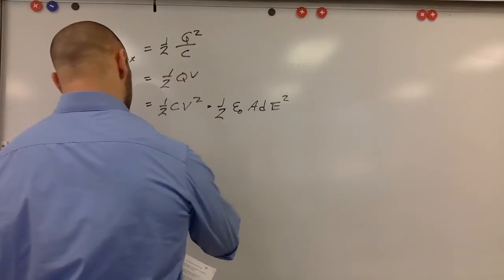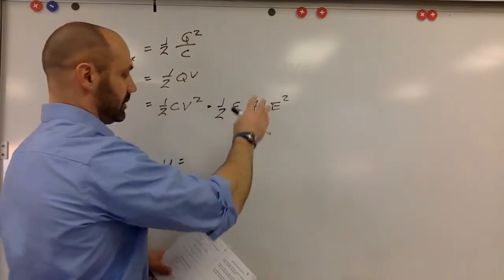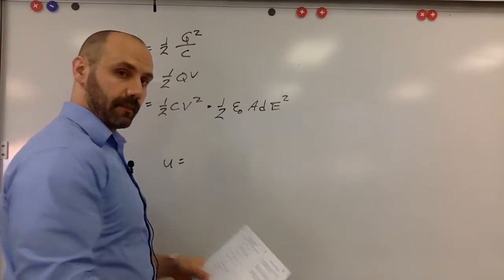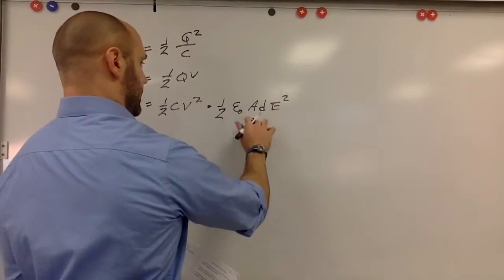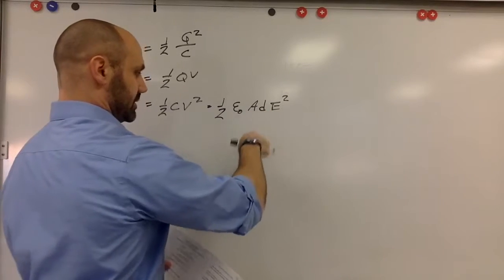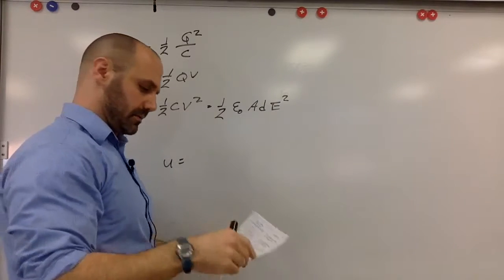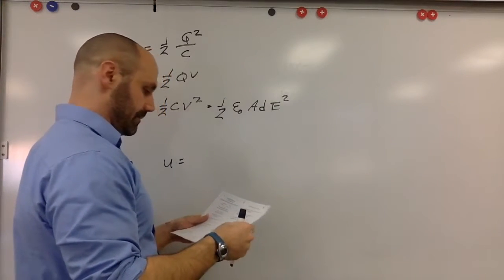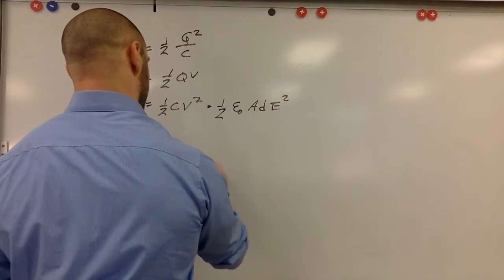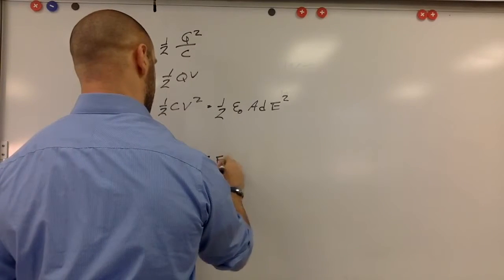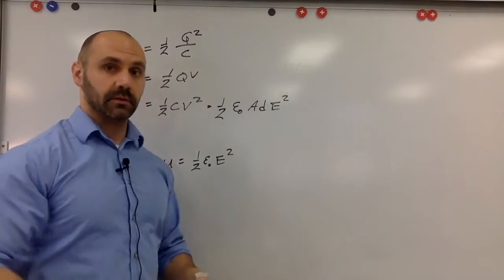Energy density is lowercase u, and it's the amount of energy per volume. So it's a density, right? Energy per volume. If you divide by AD, the area times the distance, that's the volume of the capacitor. Just think about parallel plate. Actually, this is for all geometries. So you end up with 1/2 epsilon naught E squared.